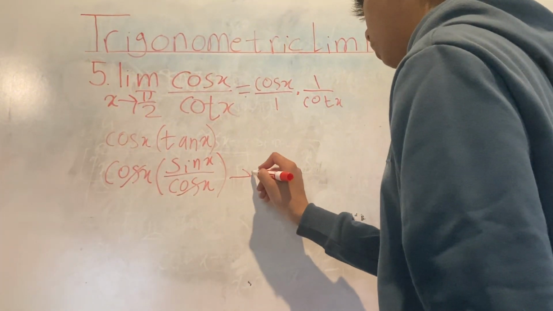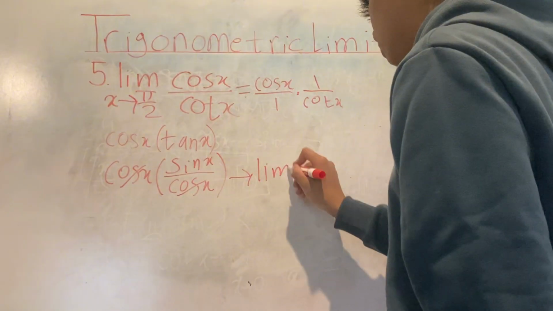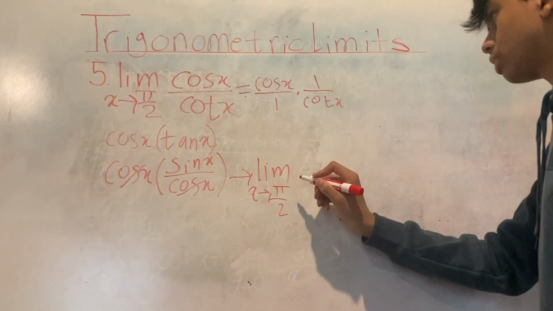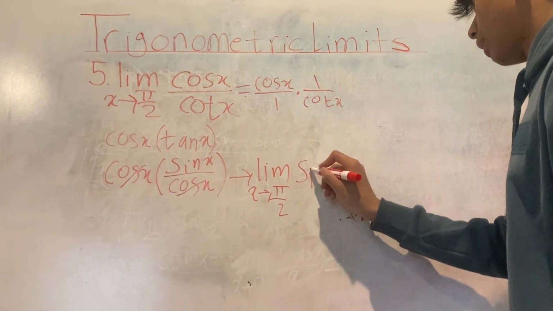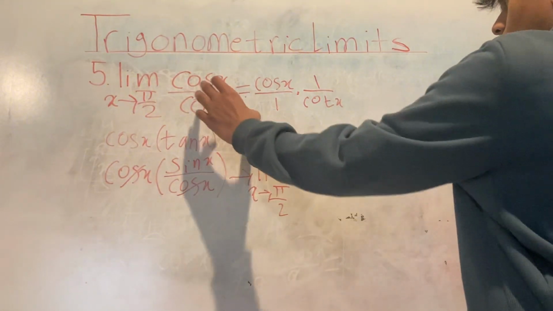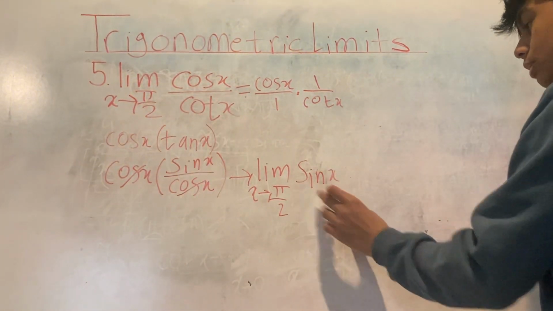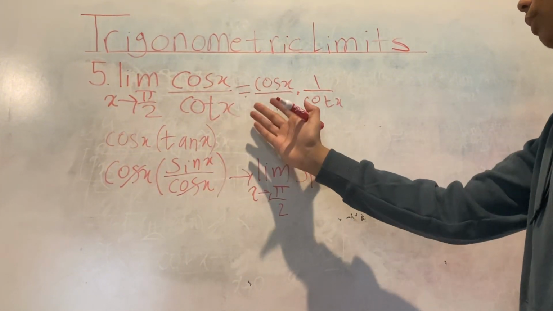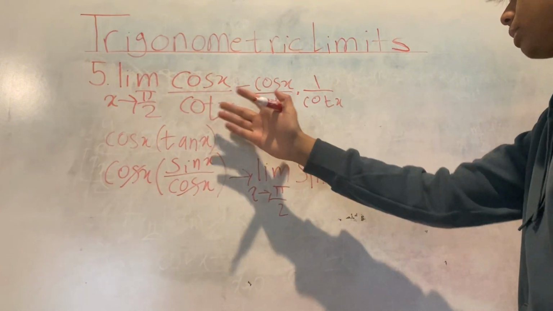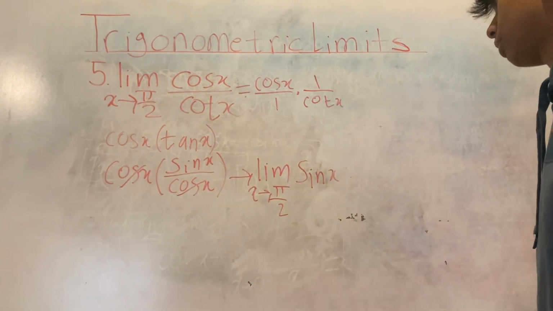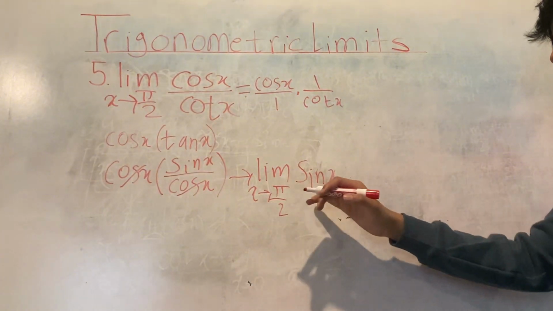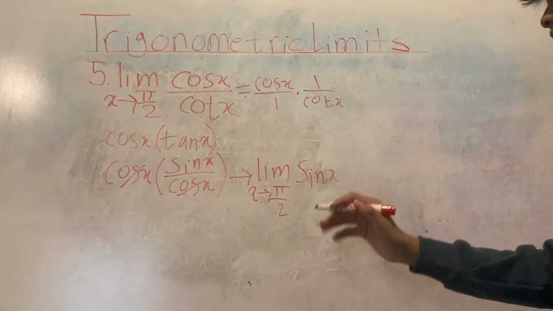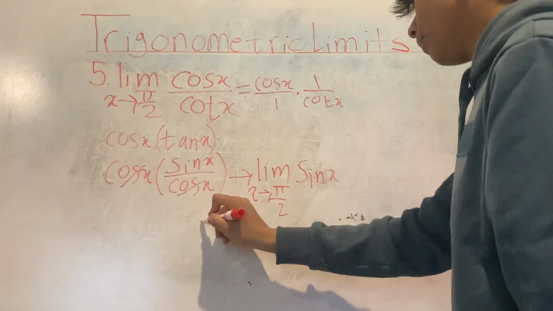And now we're left with the limit as x approaches pi over 2 of the function sine x. So you see how this entire thing just simplified down to sine x? It's just because the only thing you really needed to figure out was that the reciprocal of cotangent x was tan x. So now if we plug in pi over 2 as the angle, sine pi over 2 on the unit circle is going to be 1.